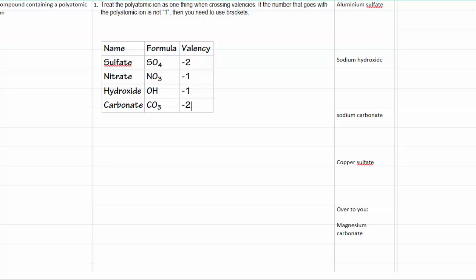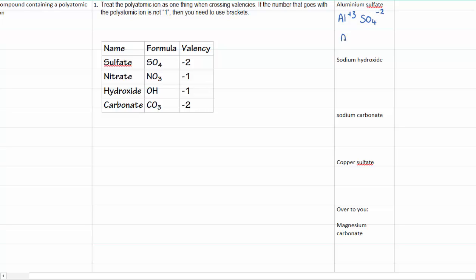The first example that we've got here is aluminium sulfate. Aluminium, we can look that up on the periodic table. The symbol is Al, and the valency is +3. Sulfate is a polyatomic ion, and you can see in the table, the formula is SO4, and the valency is -2.